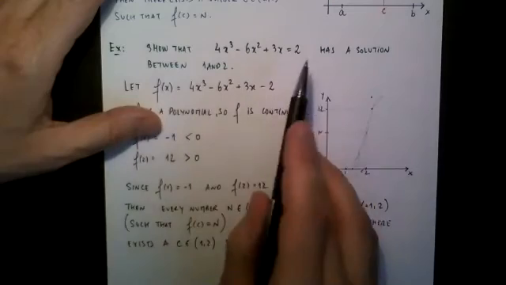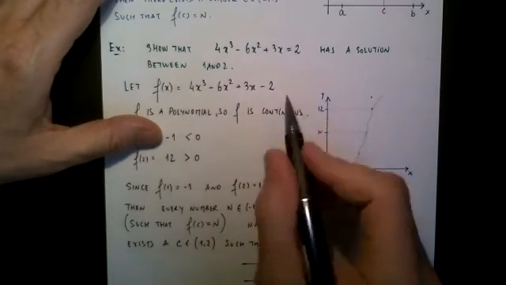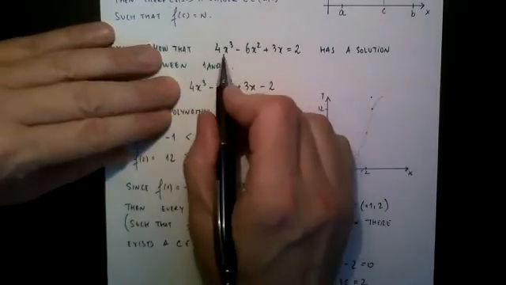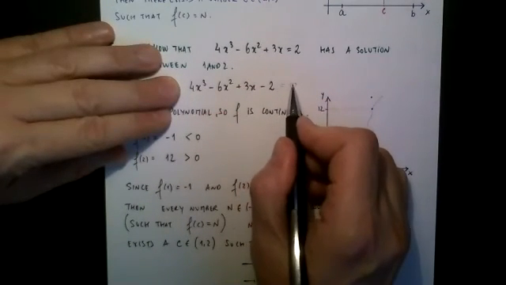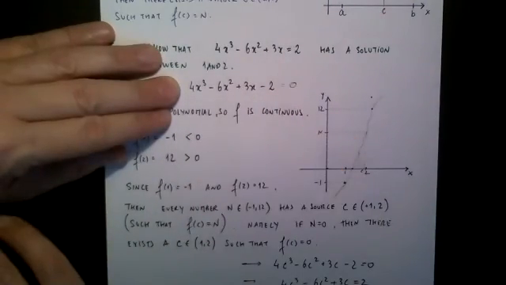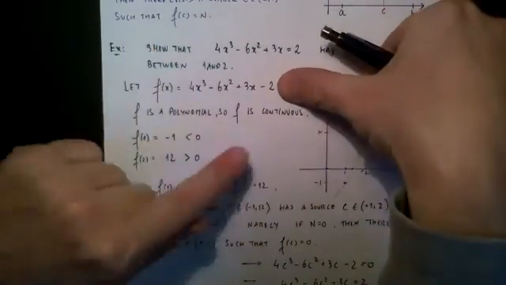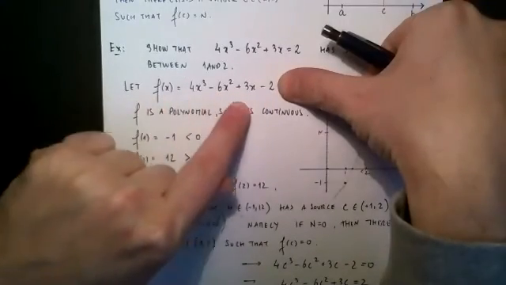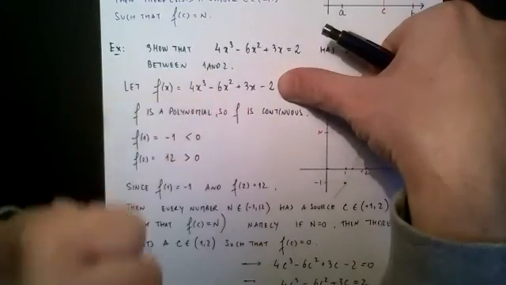So instead of writing this equal to 2, I put the 2 on the left and set it equal to 0. Is that okay? That's the same thing. Yeah. Now all I need to do is forget this, consider this function, and see when this function ever has 0.